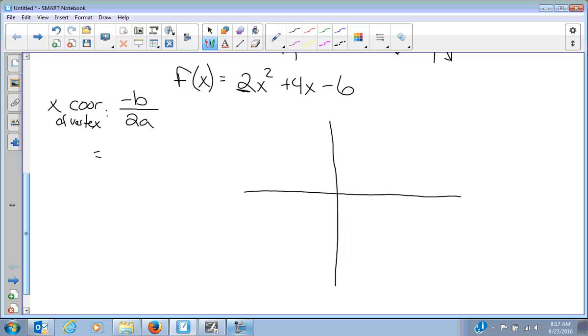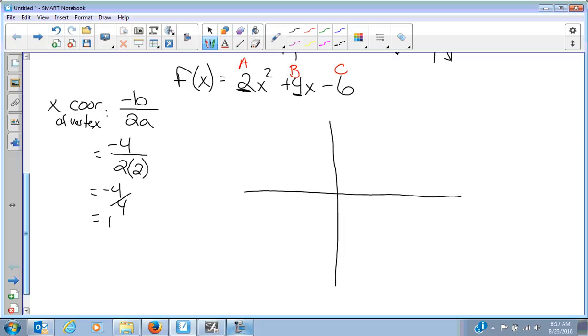What's my b? Everybody see, this is a, this is b, and this is c. What is my b value? My b value is 4. But this says to do the opposite of that, so it's going to be negative 4 over 2 times what's my a value? 2. So I end up with negative 4 over 4, which equals negative 1.